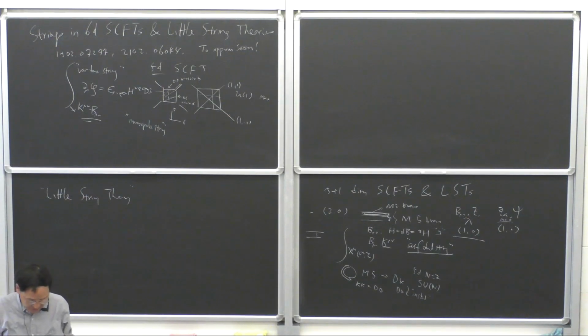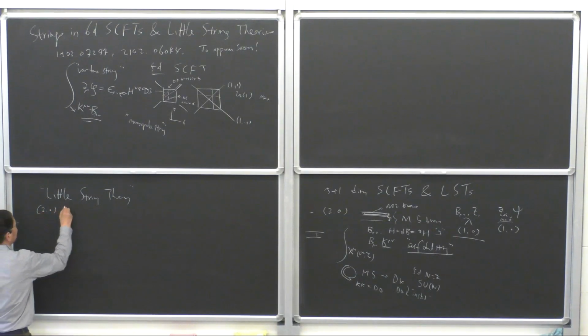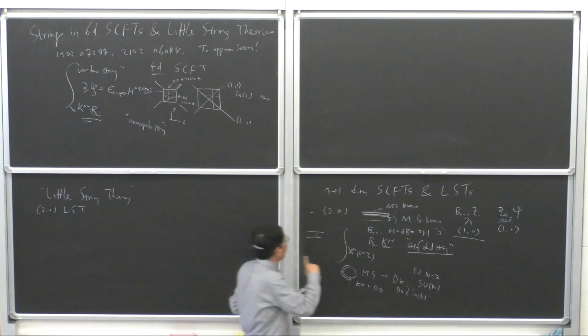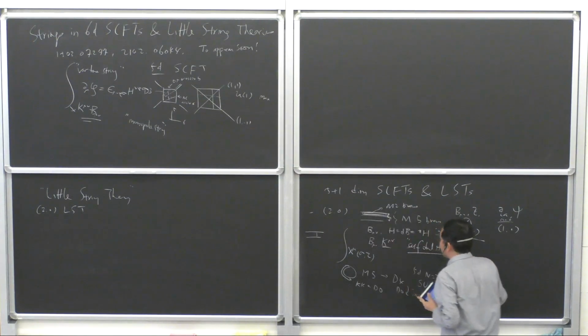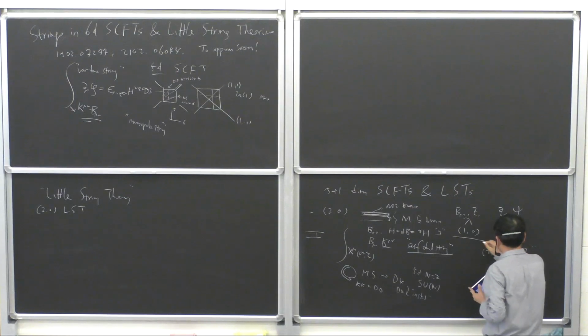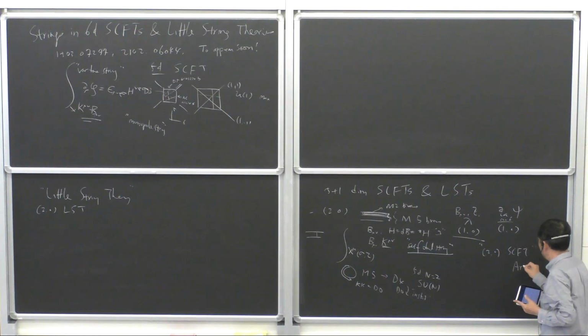Little string theory, there are two versions of it. Maybe it's better to study little string theory. So before that, (2,0) conformal field theories. There are 3 types of theories: A_r, D_r, E6, 7, 8.